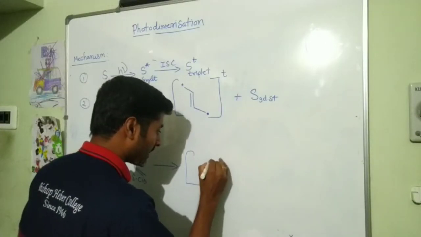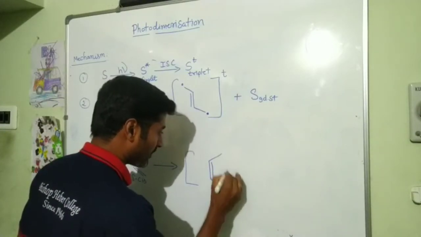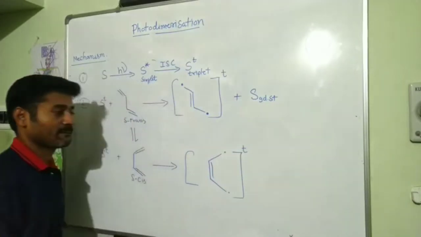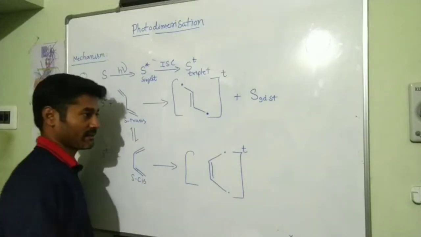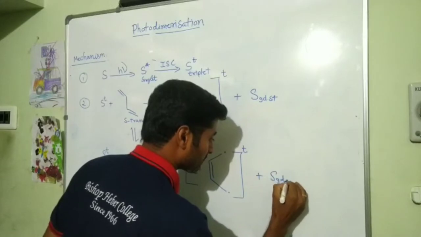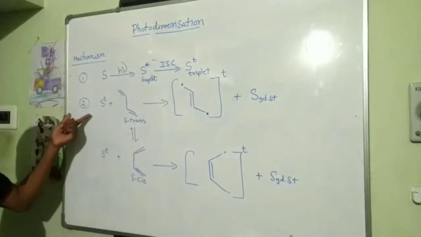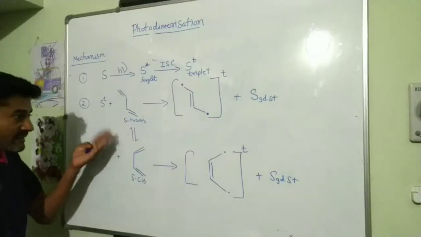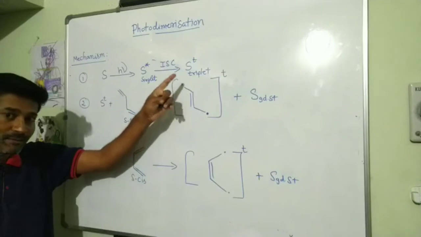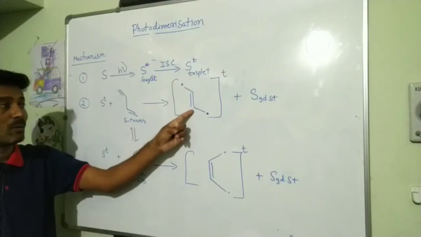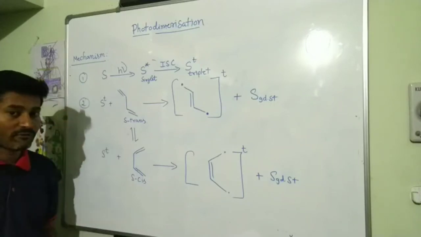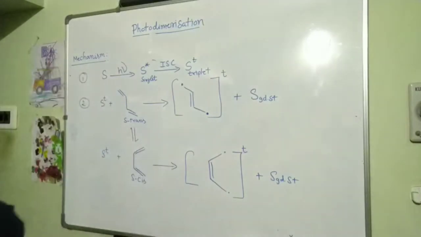Consequently, your S-cis form will undergo excitation to give a triplet state biradical, and by providing energy, your sensitizer will come to ground state. So this is the second stage. In the third stage, this triplet state biradical will interact with one more molecule of butadiene.